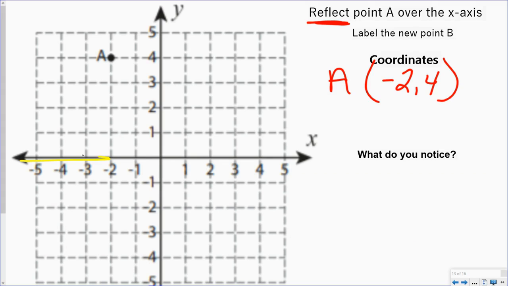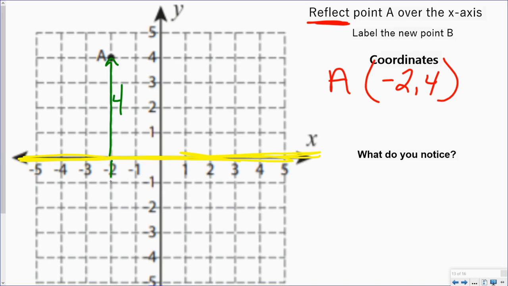So remember, my x-axis is this axis right here. And so when I reflect over the x-axis, that means basically I'm going to jump over or go to the other side of the x-axis. So this is 4 spots up, and like my opposite numbers, it's the same distance.